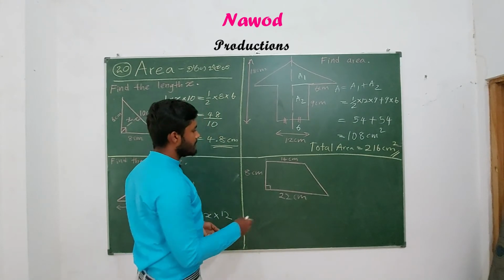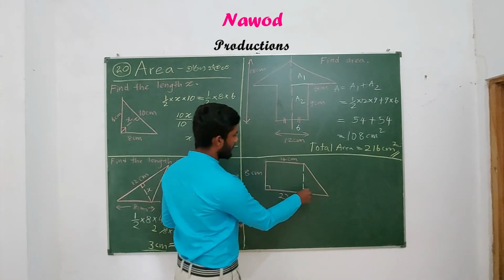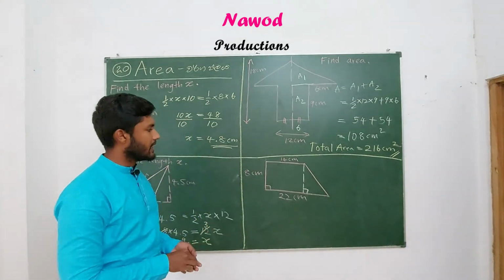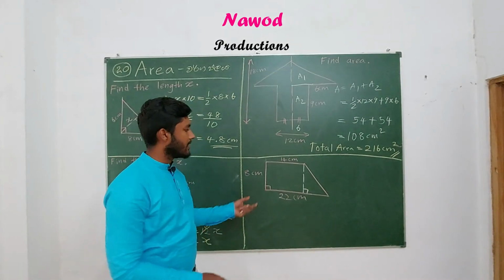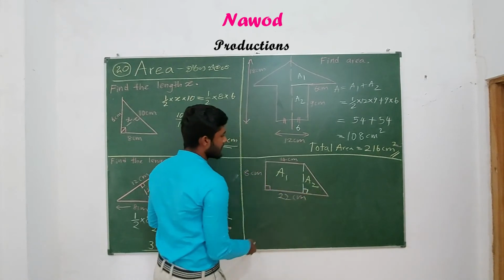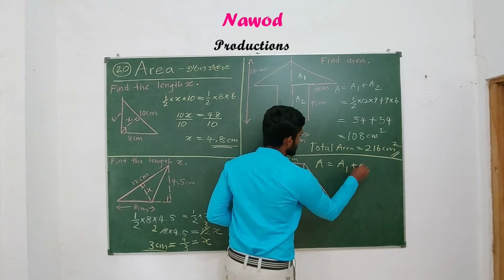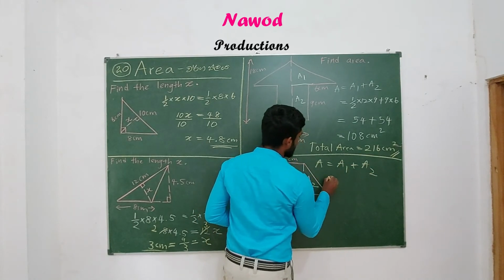Then here we can divide this figure into two parts and we can get A1, A2. Area equal A1 plus A2.